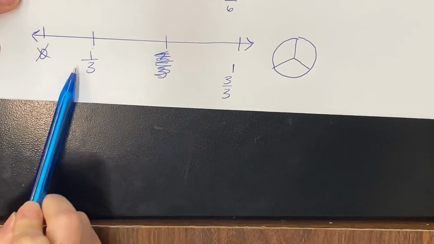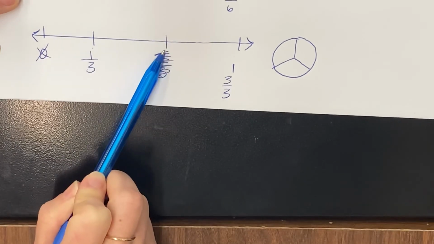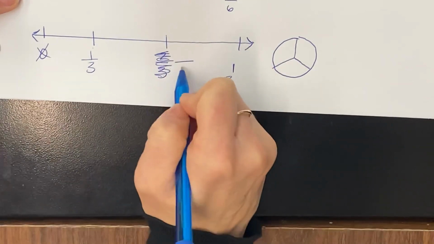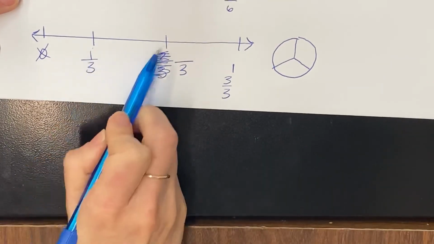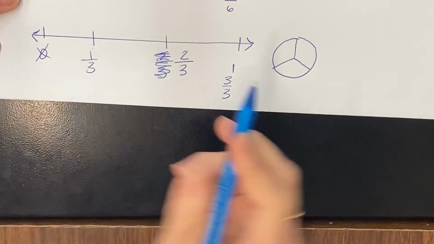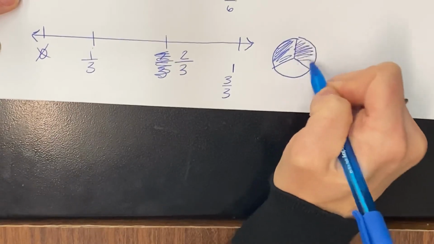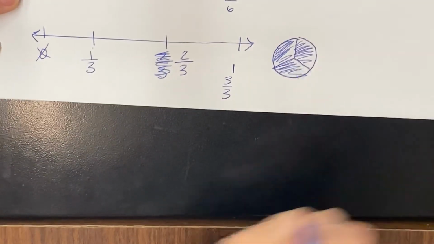If you already know that it's thirds and you know this is the first tick mark, this is the second tick mark, then you know this tick mark is thirds as well, and if it's the second tick mark, then it's 2/3. So 1/3 of the circle would look like this, 2/3, and 3/3. One whole circle is shaded.